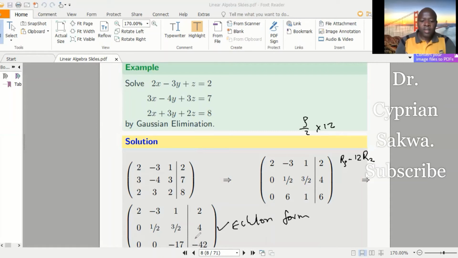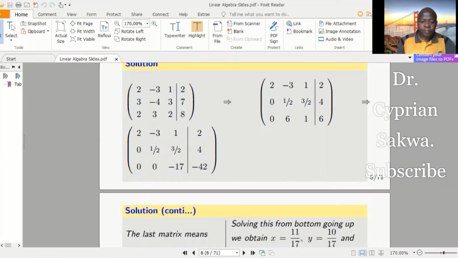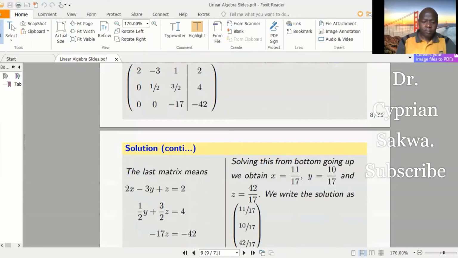Now, since it's in echelon form, we extract the equations from this last matrix and use those equations to solve by back substitution. So let's come up with the equations from the last matrix. And these are the equations I was able to extract.